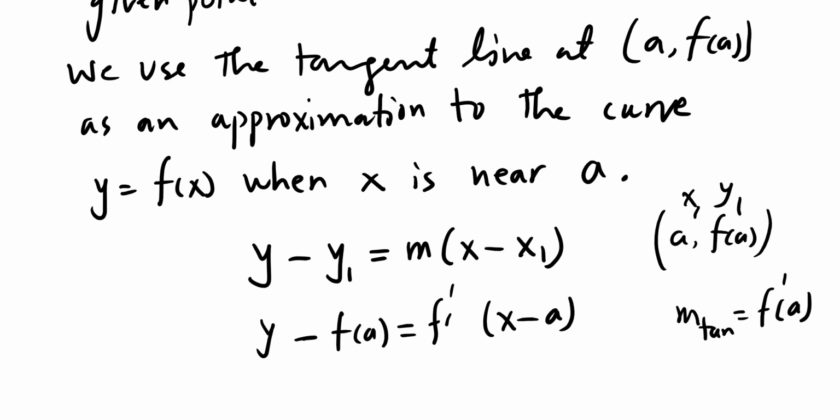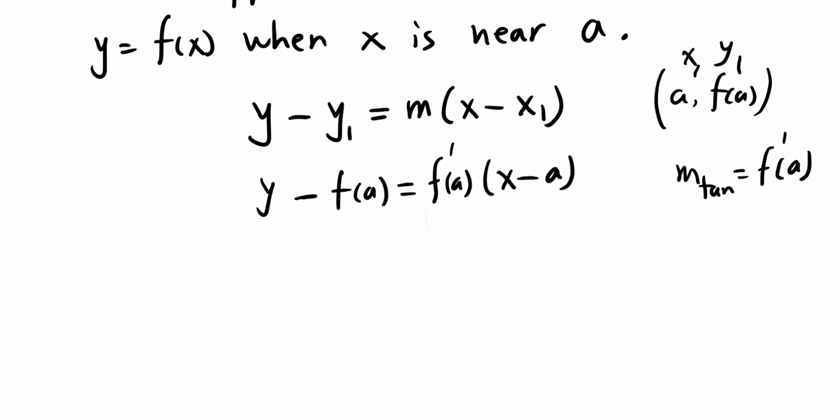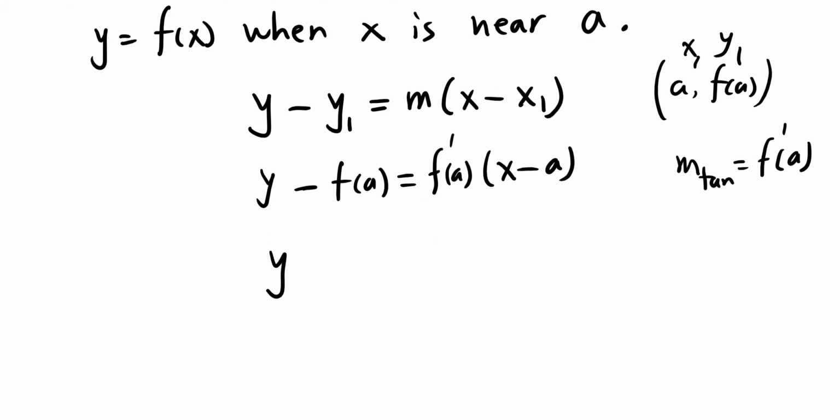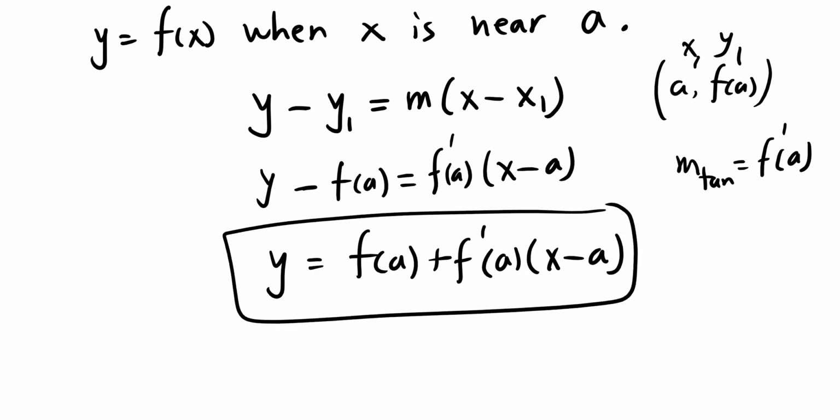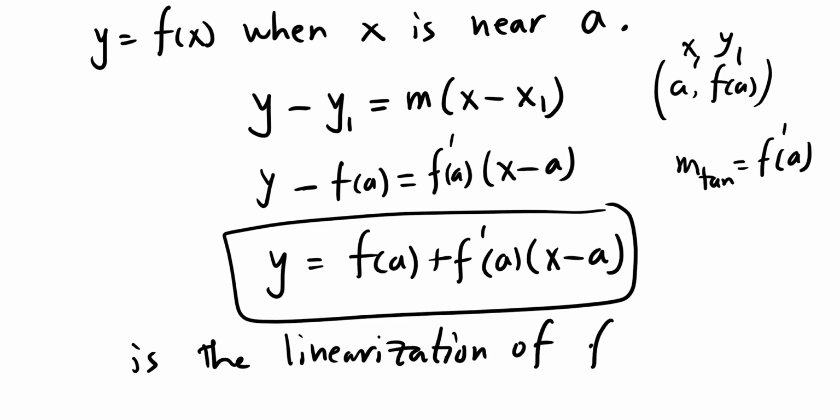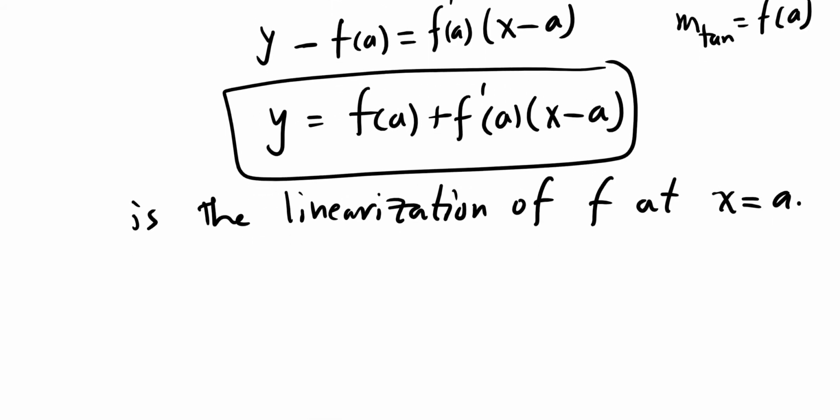So we can put that in here. And if we solve for y, add f of a to both sides, we get y equals f of a plus f prime at a times x minus a. That's called the linearization of f at x equals a.